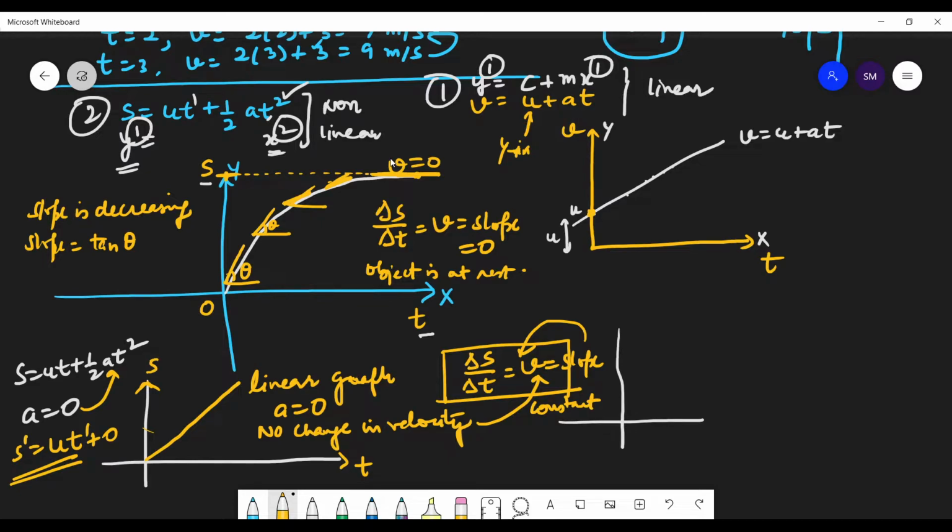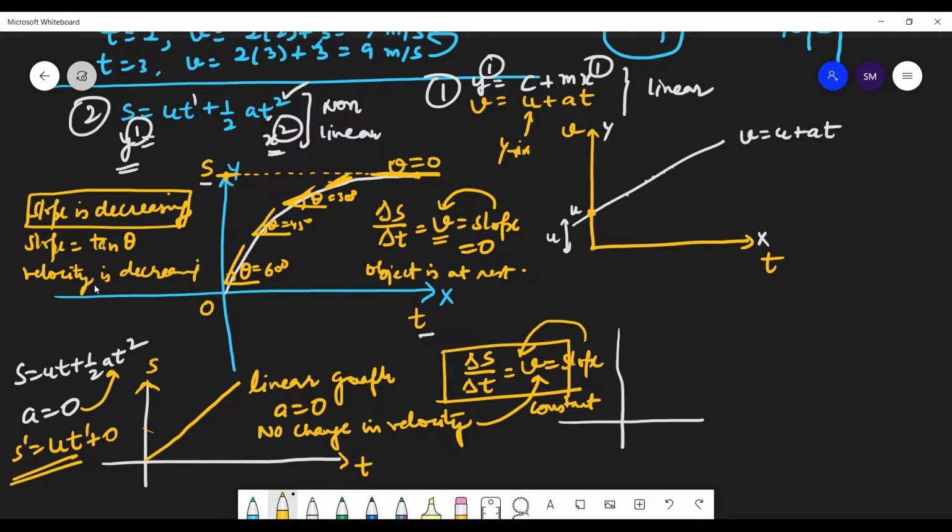You can see here, students, it's 60, then it becomes 45, then 30 degree, 15 degree, and 0. So slope is decreasing. Okay, slope is decreasing. So which physical quantity is slope telling you? Velocity. So you can say velocity is decreasing.